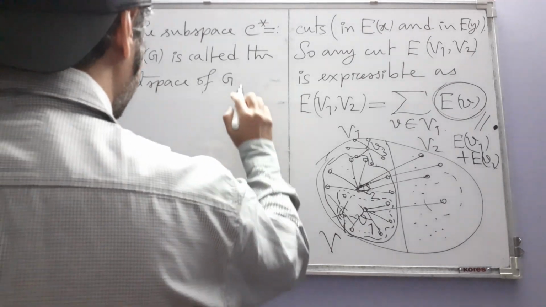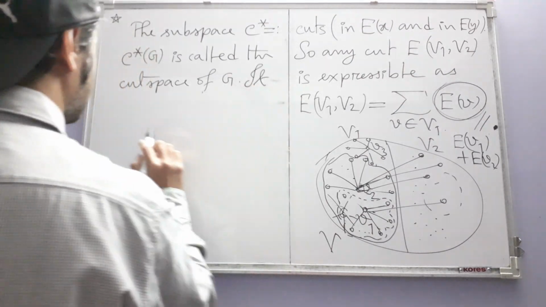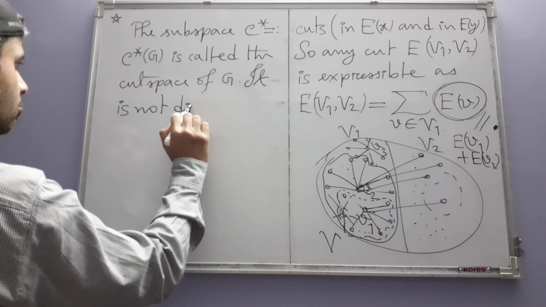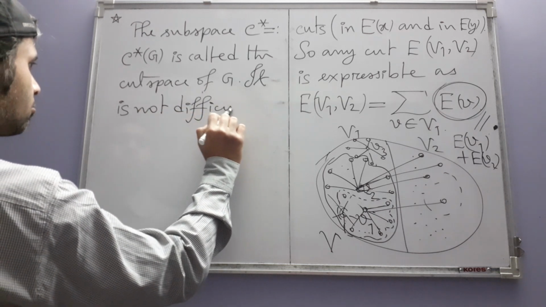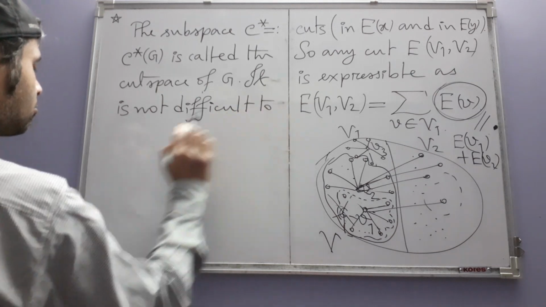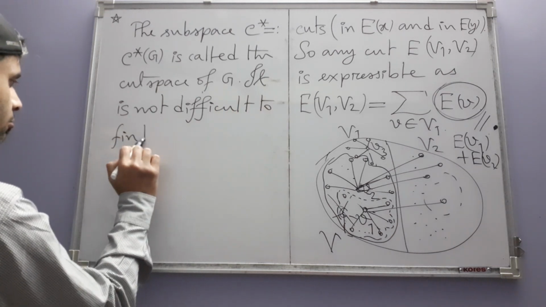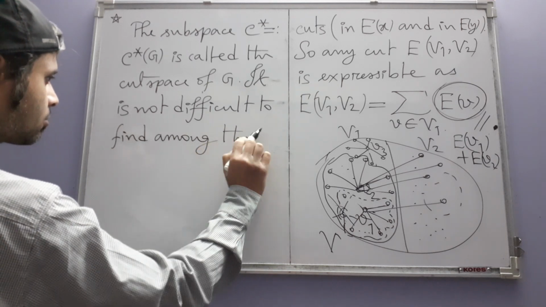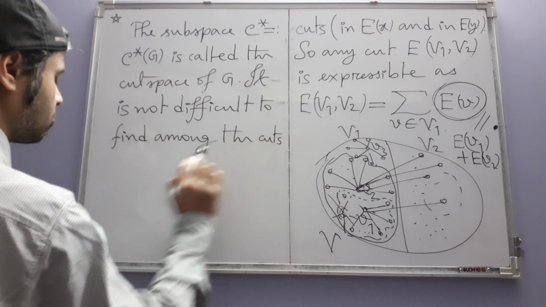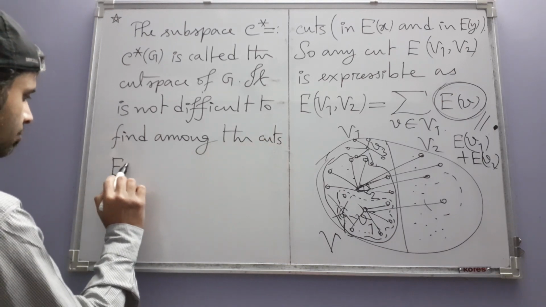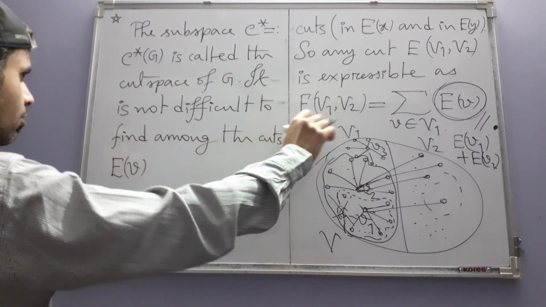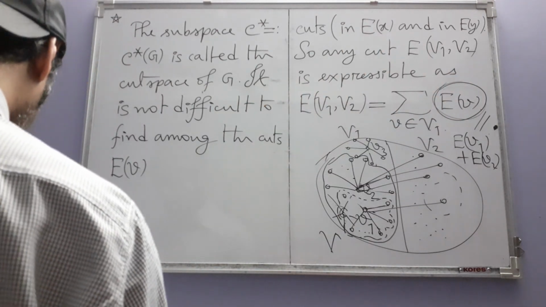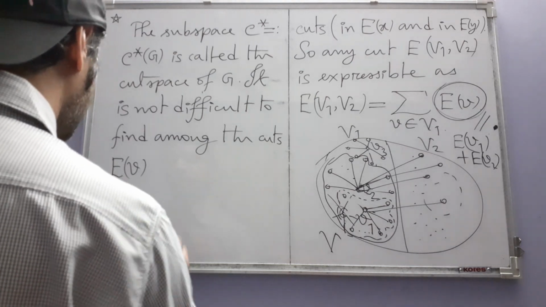It is not difficult to find, among the cuts E of V, an explicit basis for C star of G. We need not consider all of these sets because now these cuts only generate our cut space.